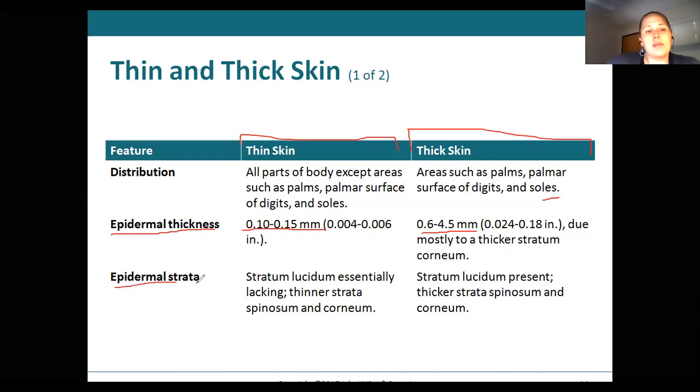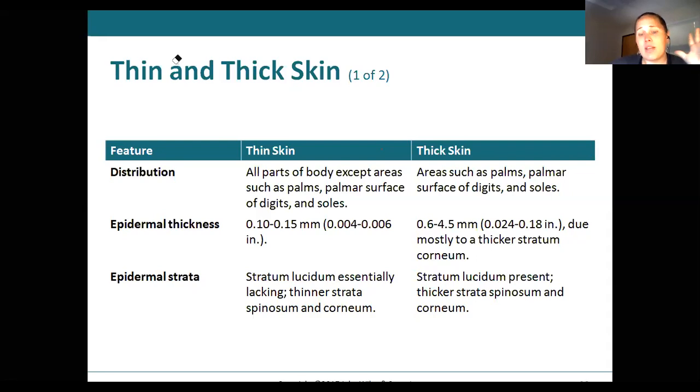In terms of the epidermal strata present in both of these, your thick skin is going to have that stratum lucidum present, and that thicker stratum spinosum. You're obviously going to have more cells present for that thicker skin, and also the presence of that additional layer. And then in thin skin, the stratum lucidum is completely absent, and there are thinner layers of some of the other strata as well.